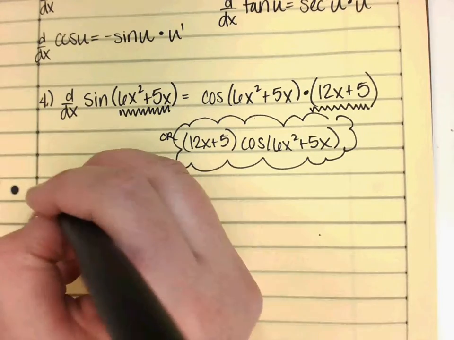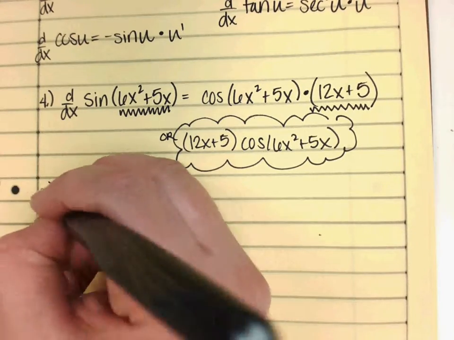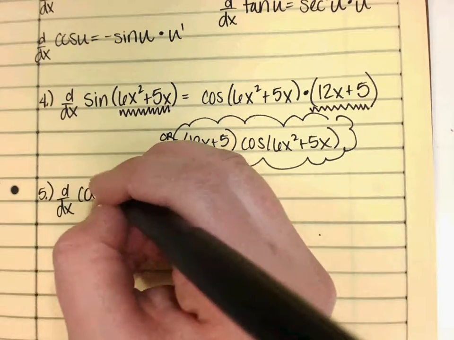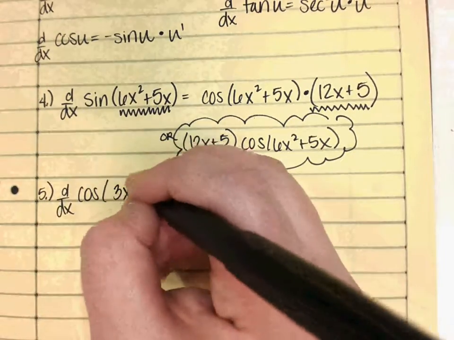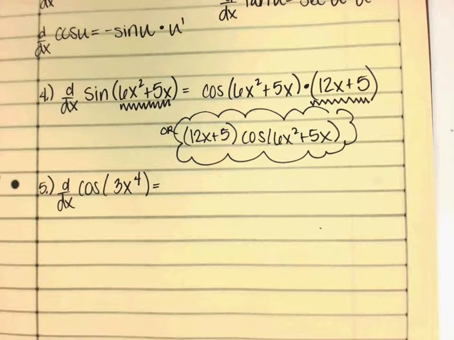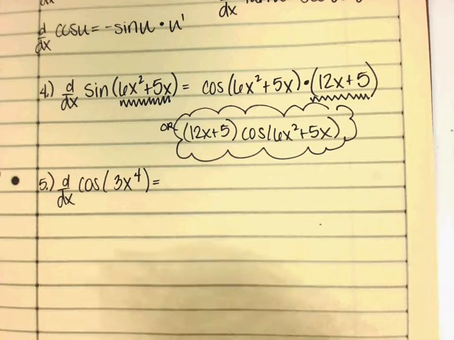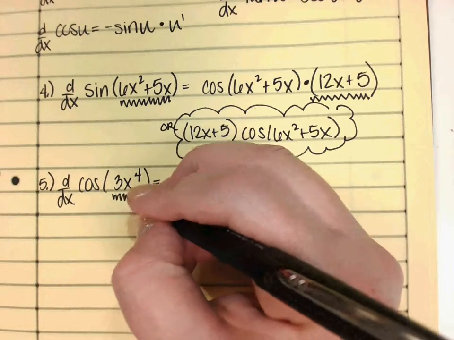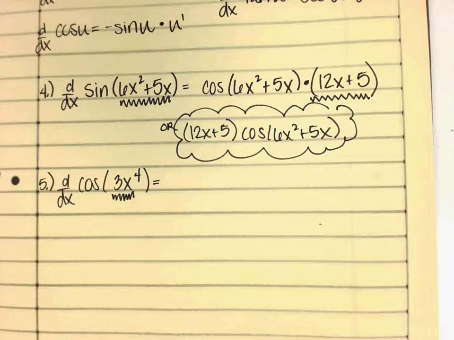Okay, we're going to take the derivative now, d dx of cosine 3x to the 4th. Underline the core. Remember, the core does not change at first. What's the core? 3x to the 4th. So when I take the derivative, I'm doing it around that. What's the derivative of cosine?